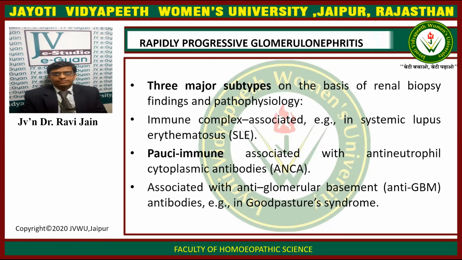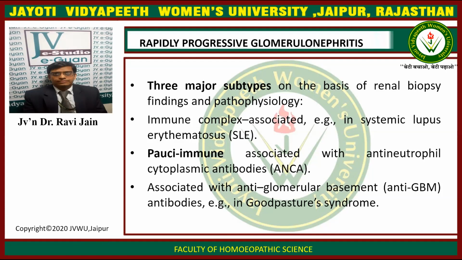The second is pauci-immune, that is few immune deposits, associated with anti-neutrophil cytoplasmic antibodies, that is ANCA. And the third is associated with anti-glomerular basement membrane antibodies, for example in Goodpasture syndrome.